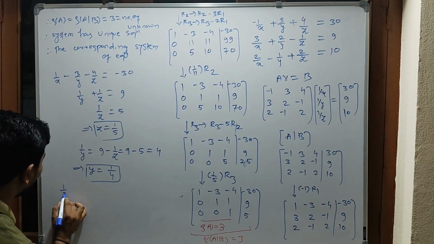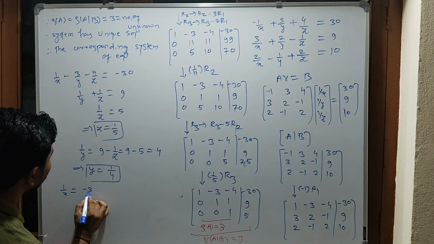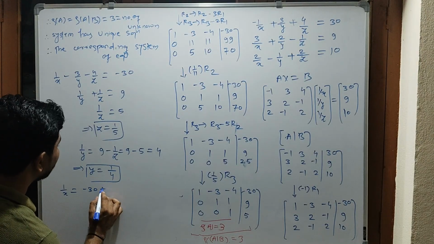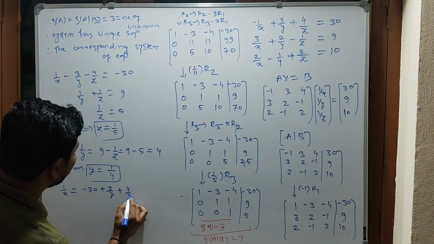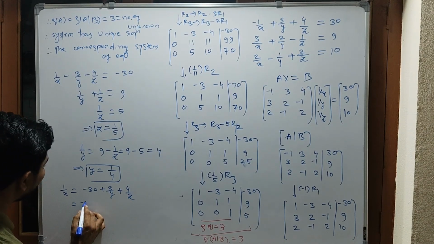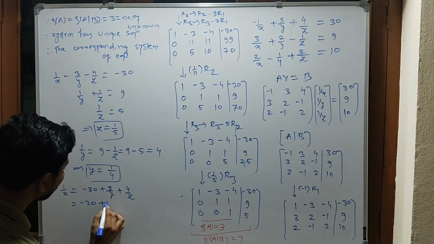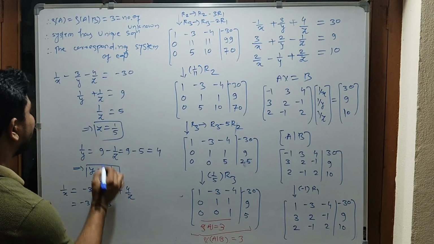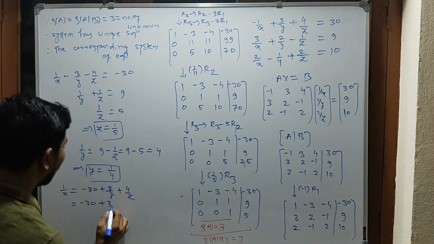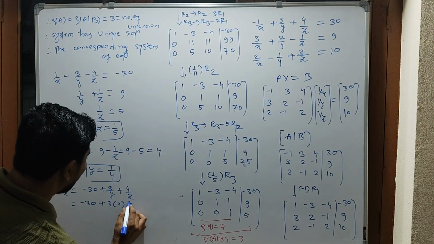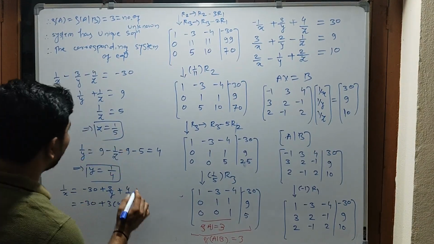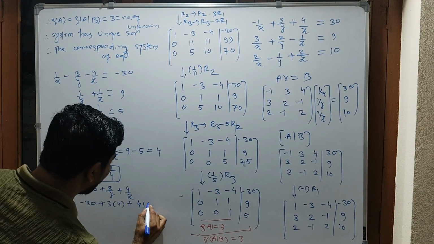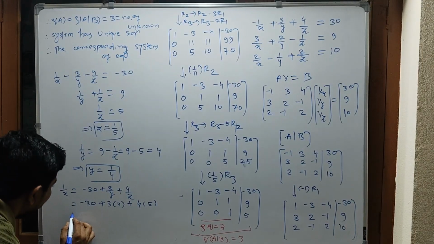From here I get 1 by x equal to minus 30 plus 3 by y plus 4 by z. This is equal to minus 30 plus 3 times 4, plus 4 times 5.